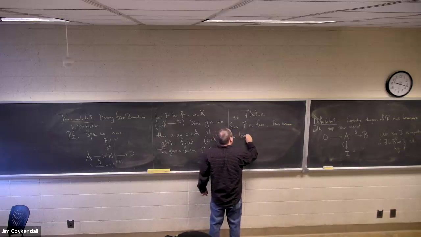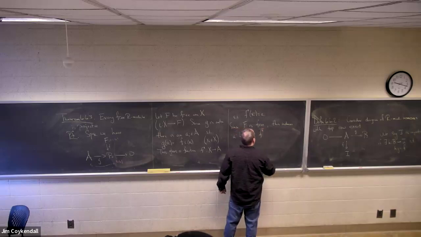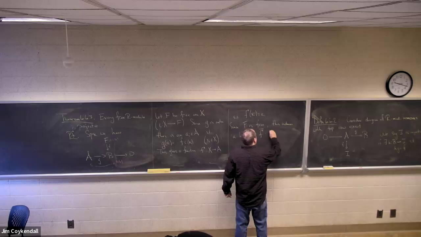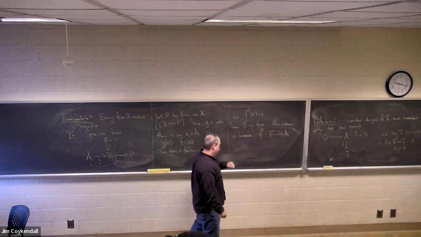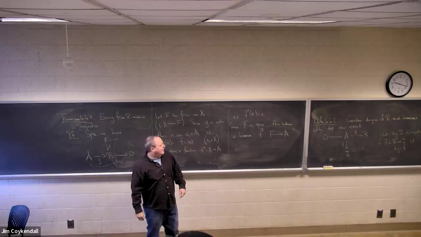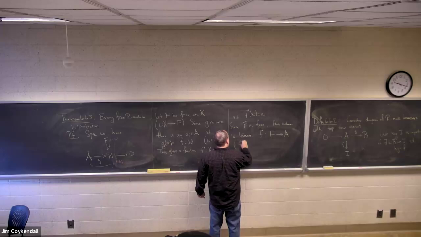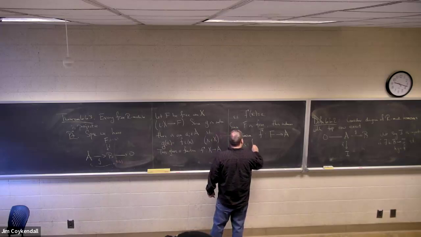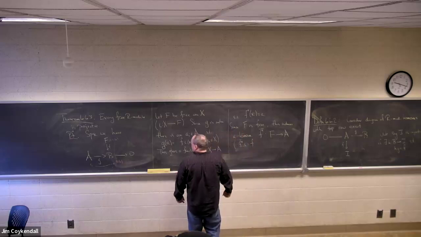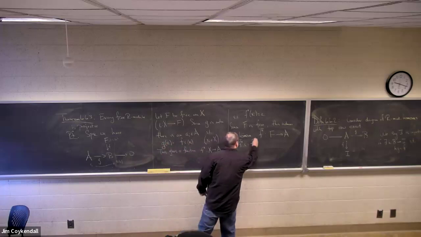I'll probably keep the notation f star bar from F into A, with the property that f star bar ι is equal to f star.